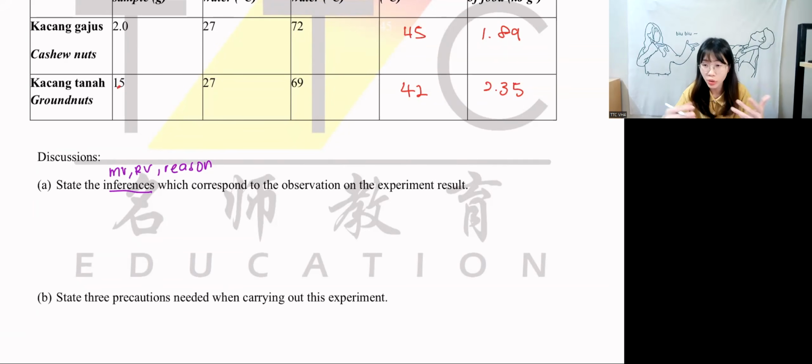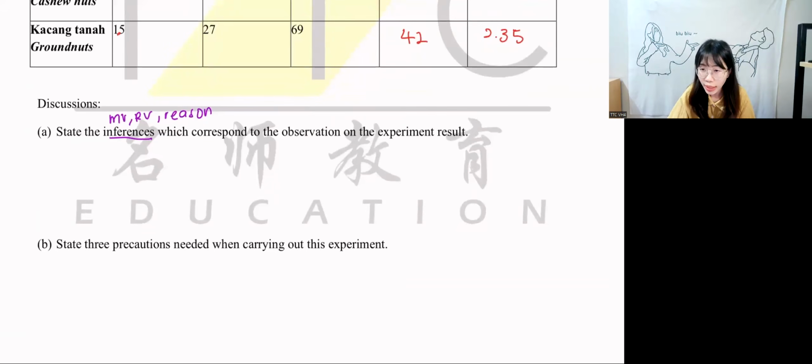More lipid, correct? You can also say the groundnut contains a higher amount of lipid, also correct. So how do we explain this?